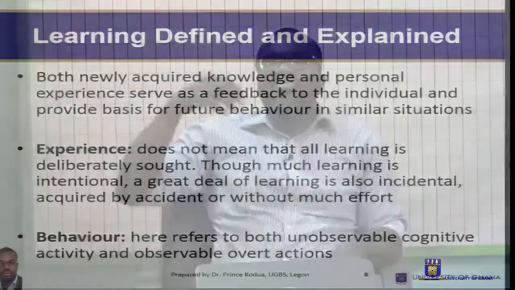As marketers, we should also be interested in what consumers think about the stimulus or stimuli that they are exposed to. We are not only interested in behavior that is observable. So behavior in this case simply refers to both unobservable cognitive activity and the observable overt actions in the marketplace.